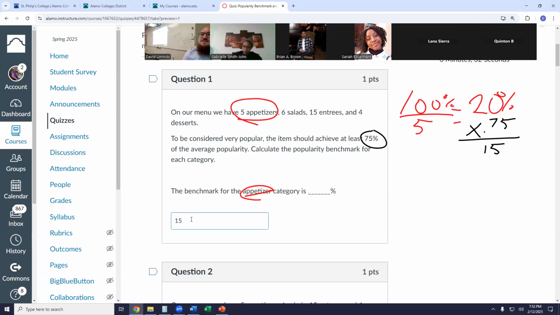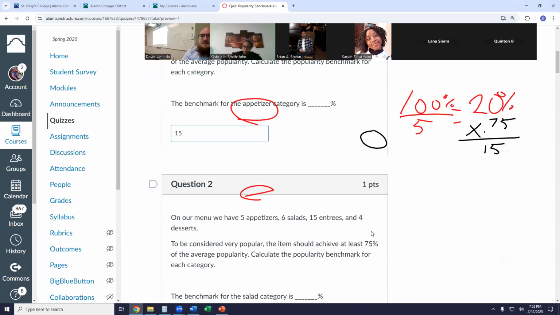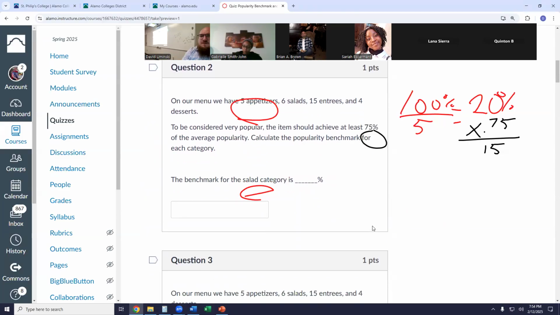Cool. So now let's scroll down and let's talk about the salads. I'll use green for salads. Green for leaf lettuce. So, same thing, 100 divided by 6 is 16.6 repeating, okay, so 16.7. That's my average.